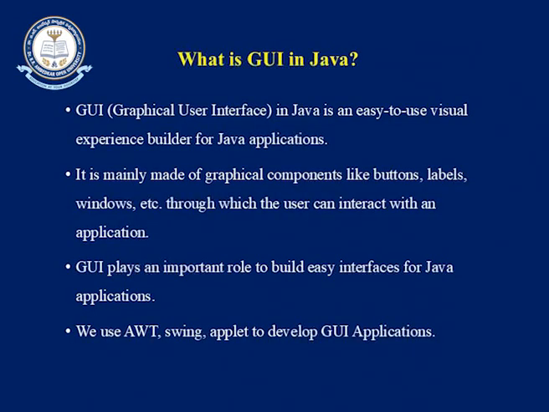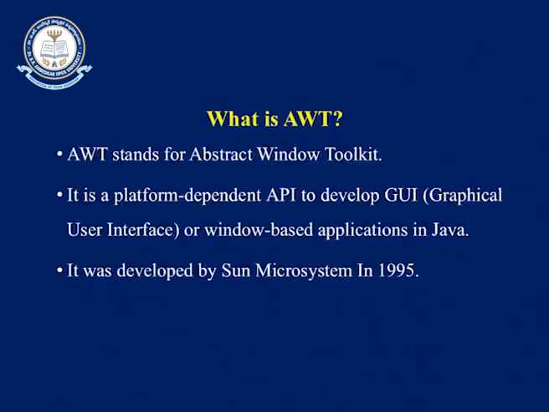Then we can use AWT also. AWT, Abstract Windows Toolkit. As the name suggests, this is a kit. With the help of that we can create components like button, radio button, combo box, checkbox, labels; like that we can create GUI components. AWT stands for Abstract Window Toolkit.